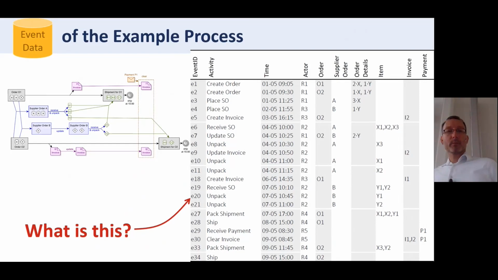What is this? Sure, I have event records. It looks like an event log: an event identifier, timestamp, activity, lots of attributes. It's not a classical event log because, as I said, there's no case identifier here. So what do we call this in the community at the moment?